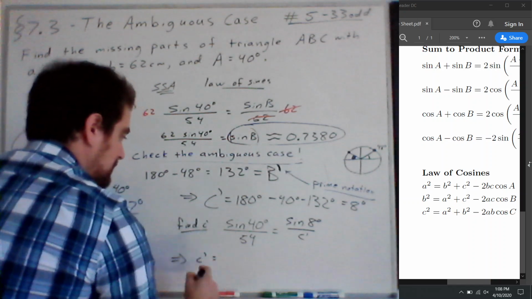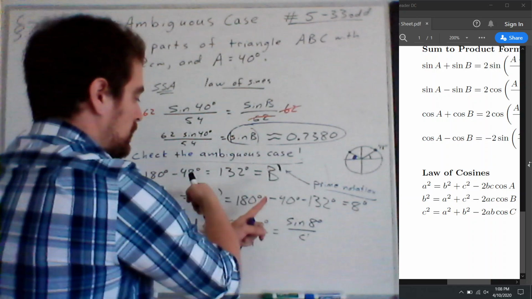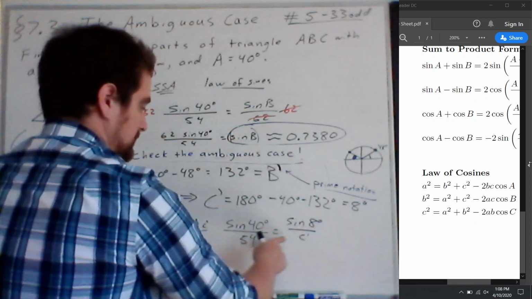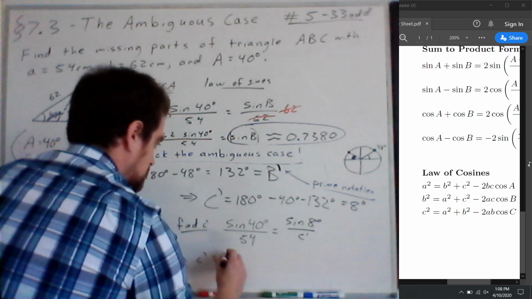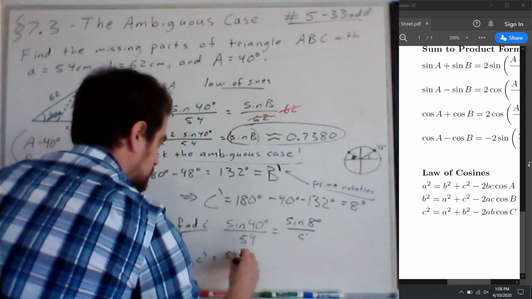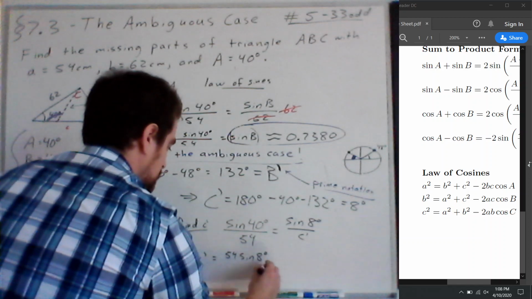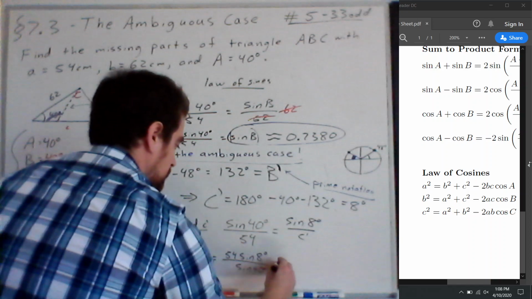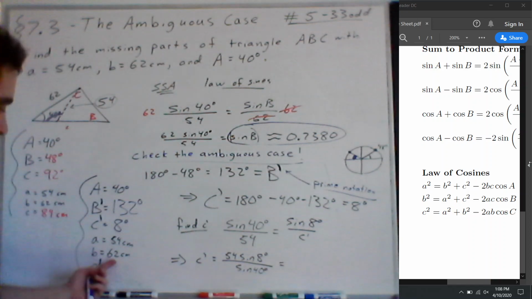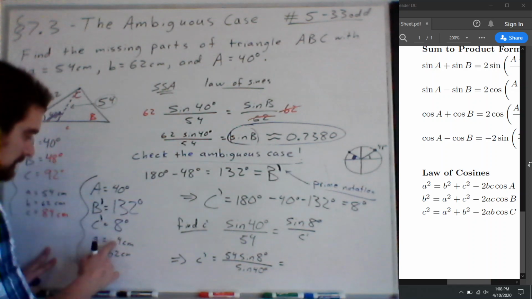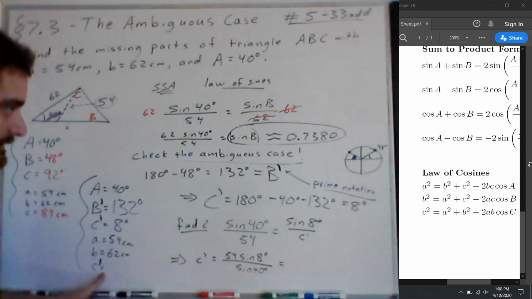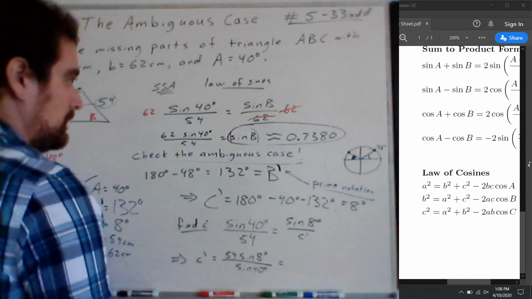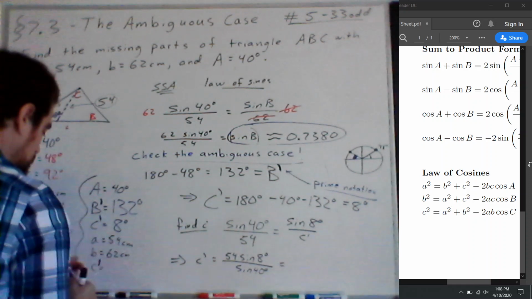Little c prime is going to be, we'll cross multiply to get 54 sine of 8 degrees, and then I'll have to divide by sine of 40. So just to save a little space, we'll do it in one step, because we already did it in the last triangle. And again, just kind of respecting the significant figures here, we can write down little c prime as 12 centimeters.